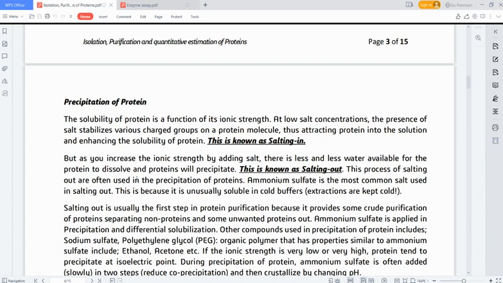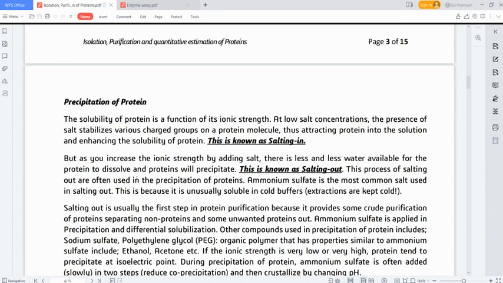In fact, you cannot do isolation without salting out. And the most common salt that we use in salting out is ammonium sulfate. And why is ammonium sulfate used? Ammonium sulfate is used because it has an unusual solubility in very cold buffer.